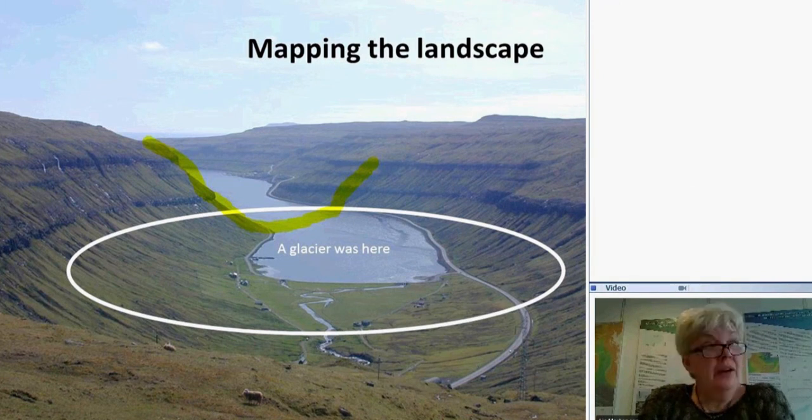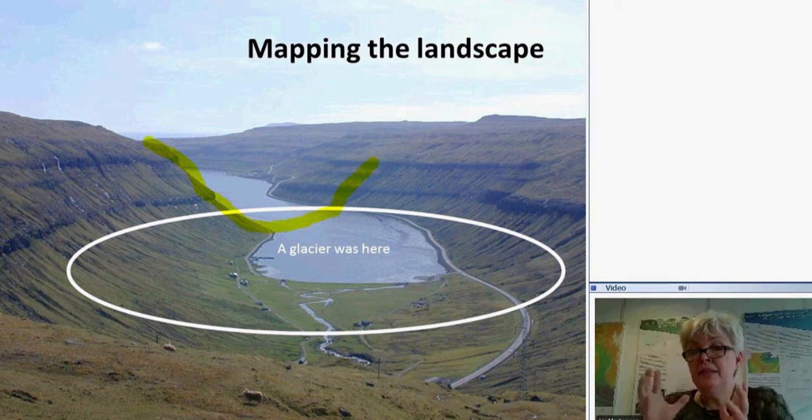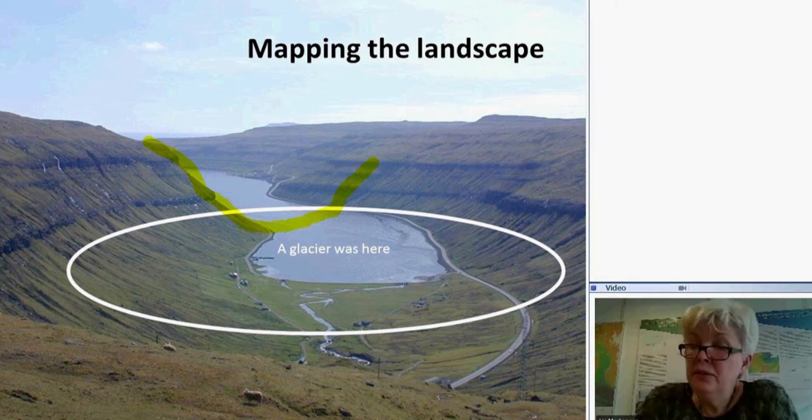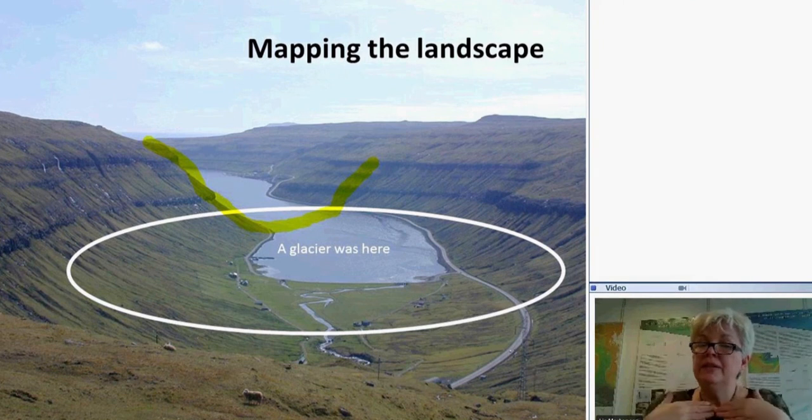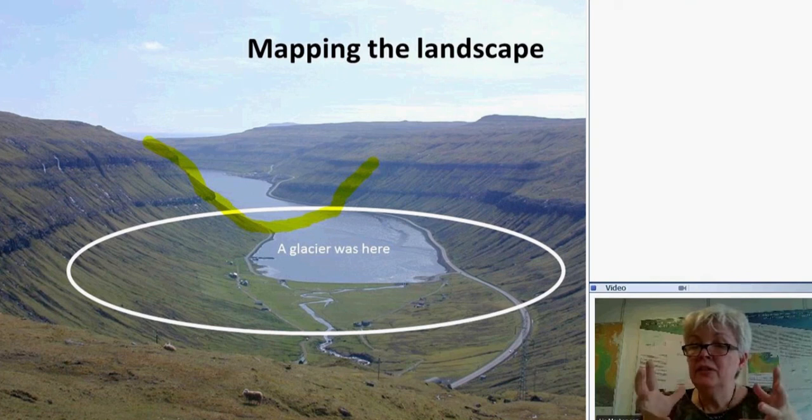In the Faroe Islands, there are no glaciers today. There are many reasons for that. This place is located about 62 degrees north, but the climate and the close vicinity to the ocean has the effect that this is a very oceanic landscape.